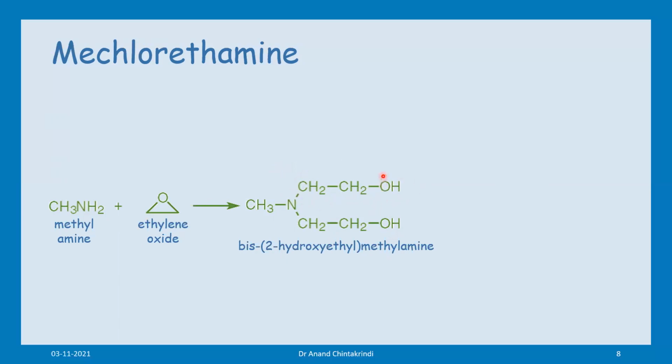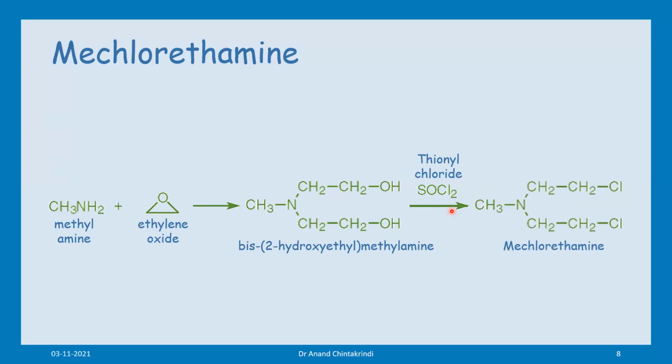Now the next step is simply chlorination, or replacement of this hydroxyl with chlorine. So this is a nucleophilic substitution reaction, using thionyl chloride to get the chlorination of this alcohol. So this is the mechlorethamine.